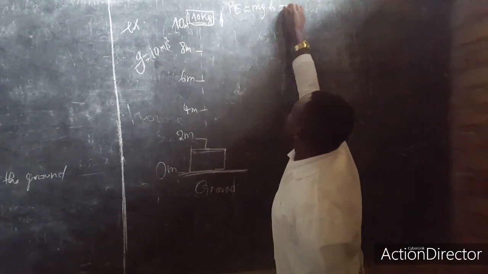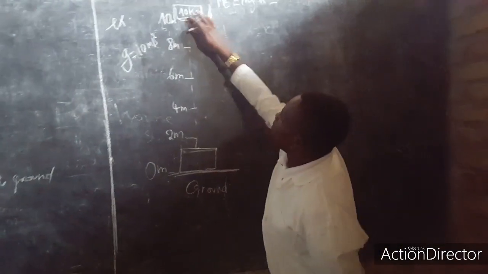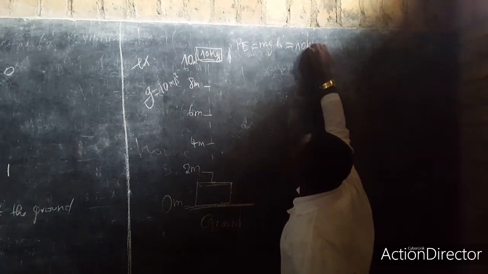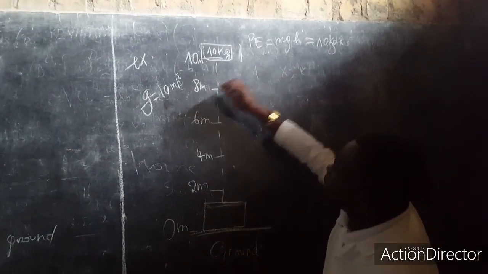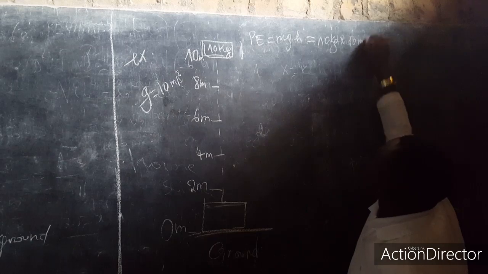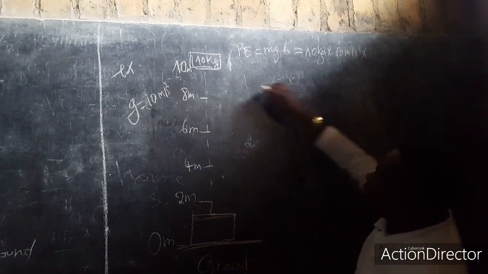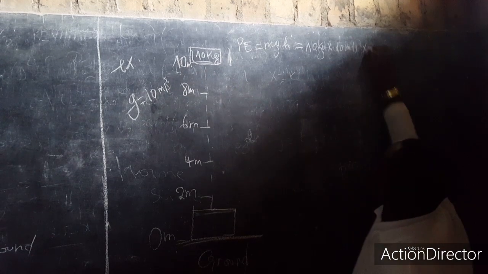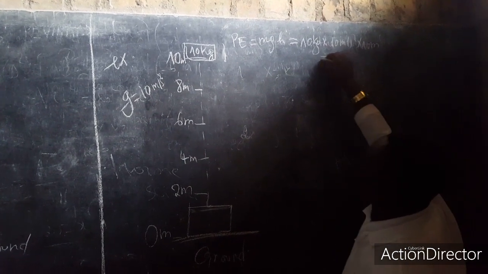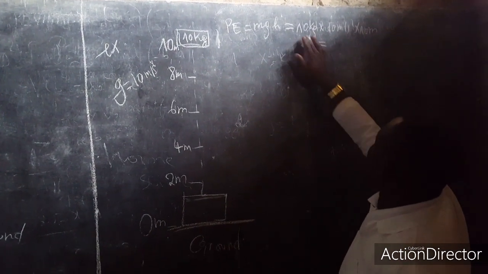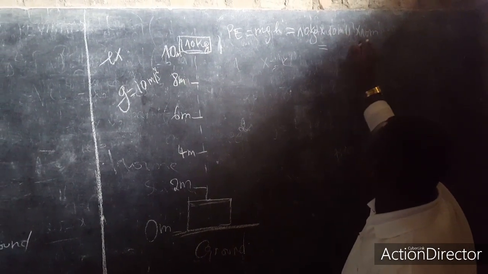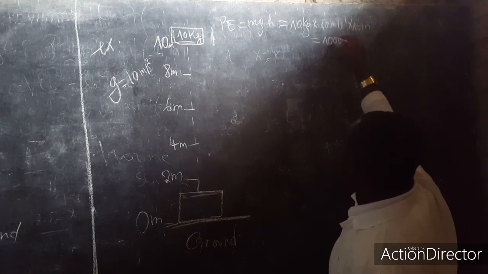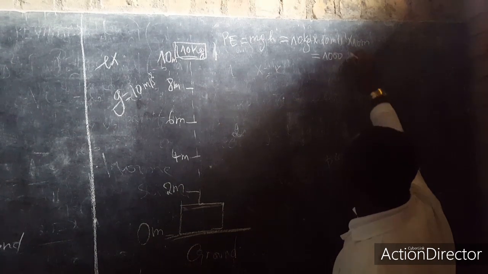So potential energy here will be given by our mass, which is 10 kilograms, times g, which is 10 meters per second squared, times the height, which is 10 meters. So our energy will be 10 times 10 times 10, which is 1,000 joules.